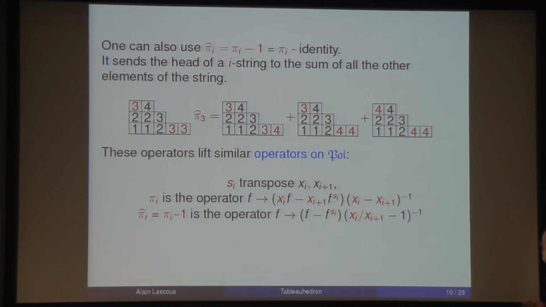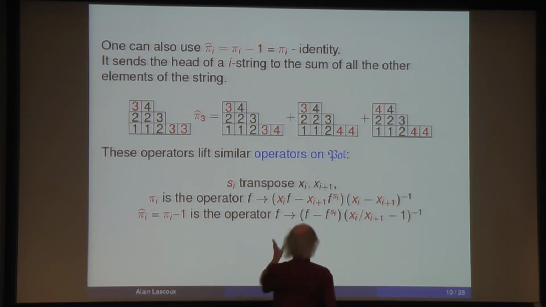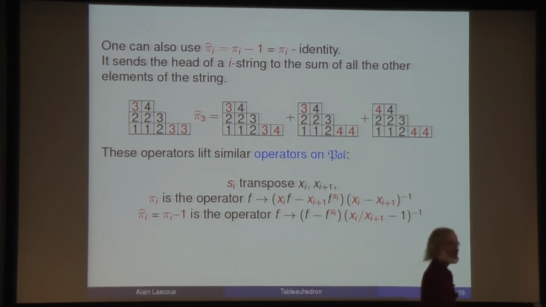Formally, you can write it in algebraic terms, of course. Phi i is the operator: first multiply by xi and apply the divided difference. And phi hat is: you first apply the divided difference and afterwards multiply by xi plus 1. So it's just left-right symmetry.